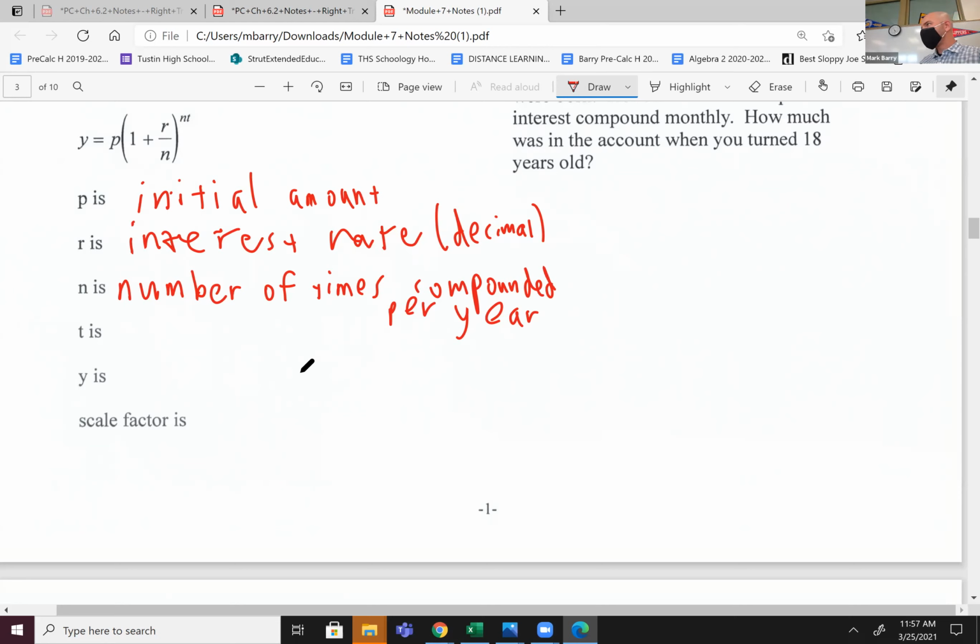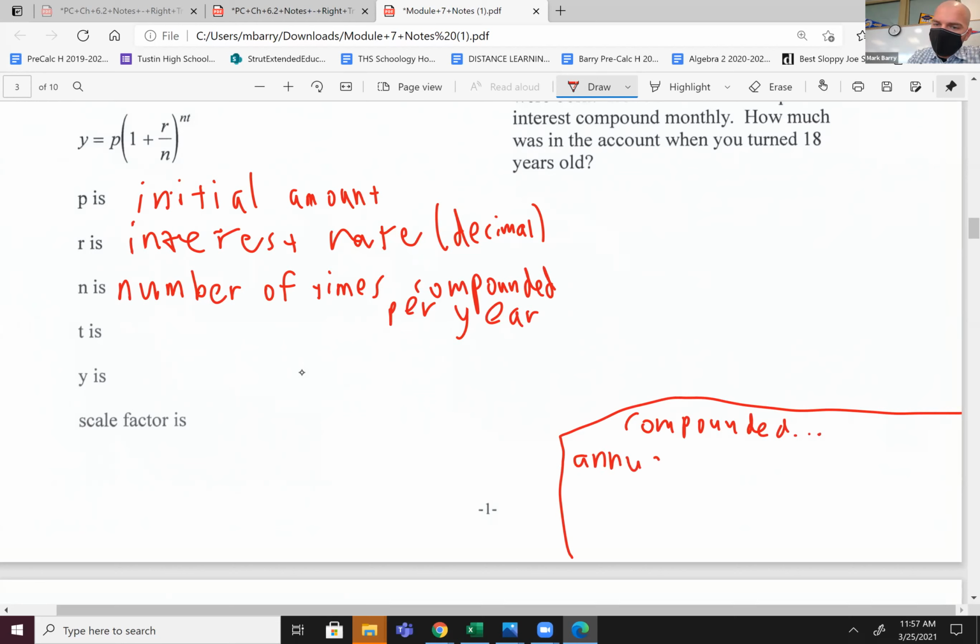Now, what the heck does that mean? Well, let's build a little box down here. So all of these are going to say some compounded something, compounded.